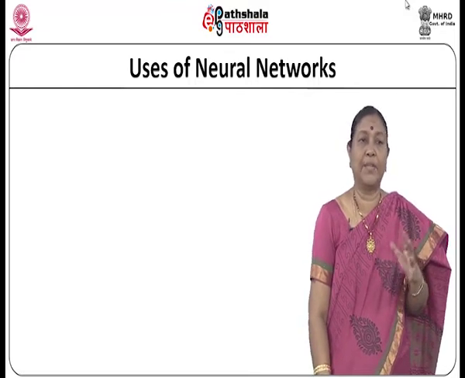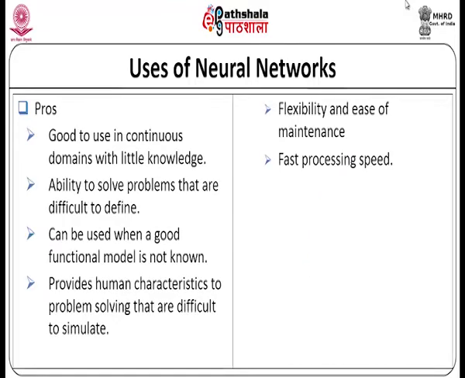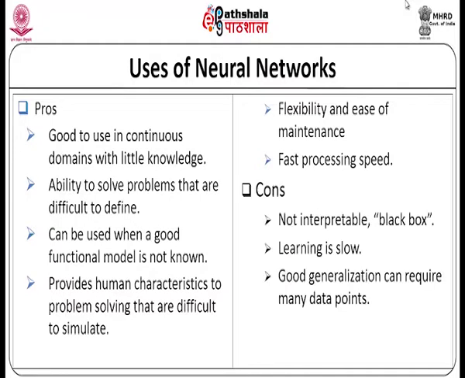Now, let us look at some of the uses of neural networks and the pros and the cons. It is good to use in continuous domains with little knowledge. It has the ability to solve problems that are difficult to define. You do not know how to define the problem; you just give the input, tell it the expected output, and it will probably solve the problem for you. It can be used when a good functional model is not known. If you know a good functional model, there are other machine learning methods suited for such problems.